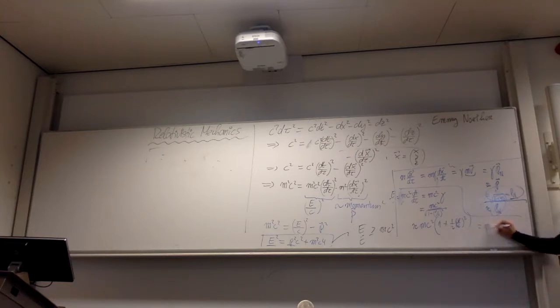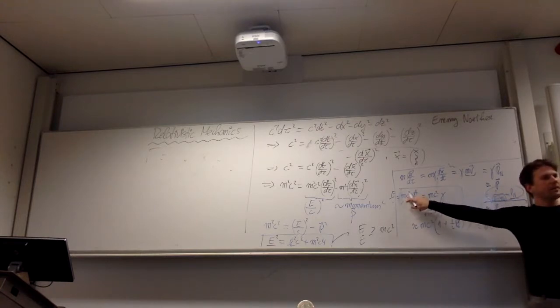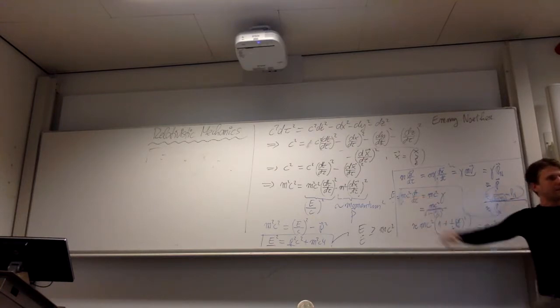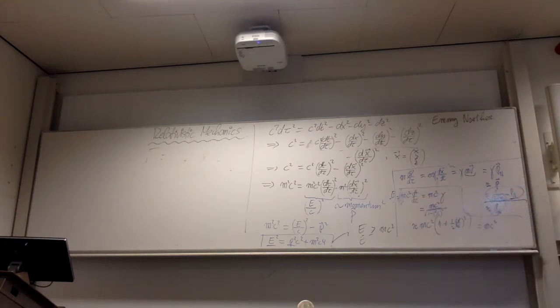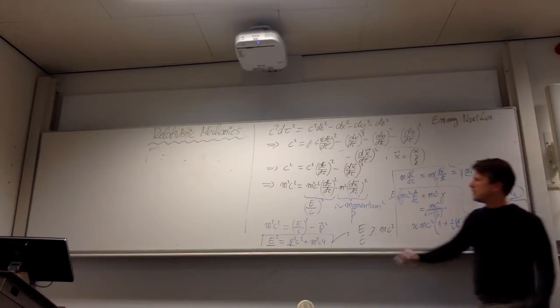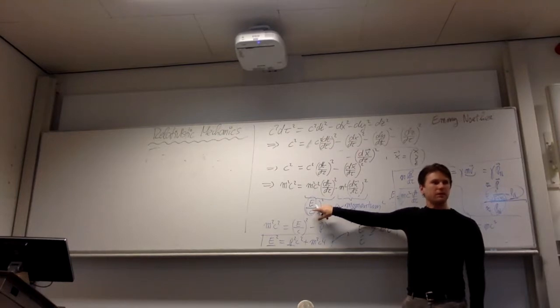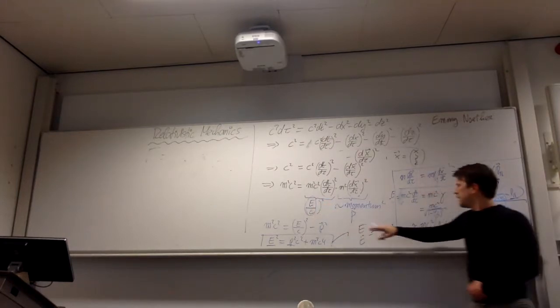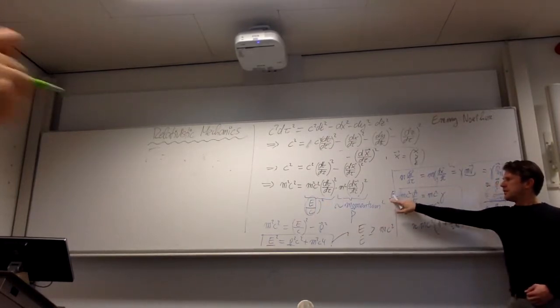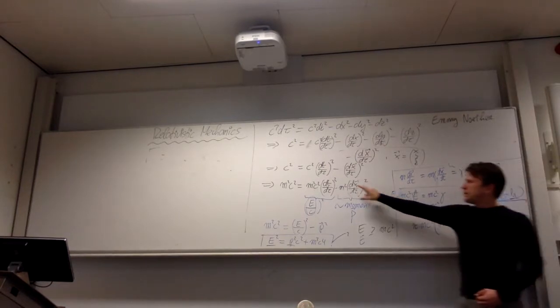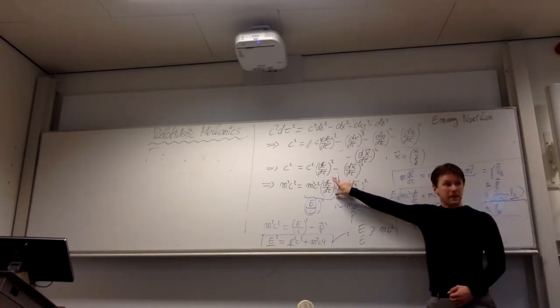Sorry, why is there a c squared? Because it was here already. It's energy divided by c. I was originally looking at E over c. But you square rooted everything. No, I took this expression, took its square root, and that gave me E over c.